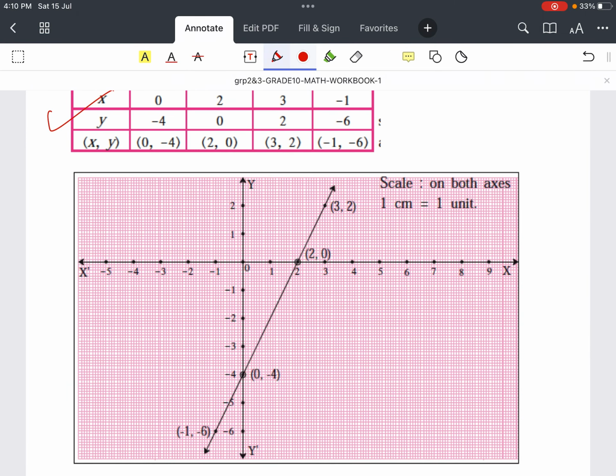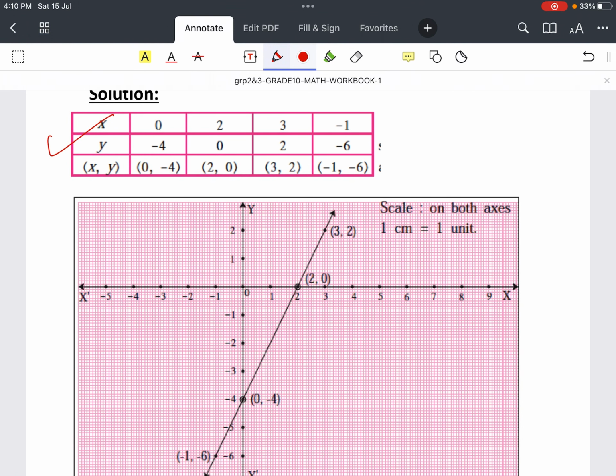Now first of all let's find out the points. Where is the first point, second point, as well as the third point. As we know, the first point is 0, minus 4. So x is equal to 0, y is equal to minus 4. So your point is here, 0, minus 4.